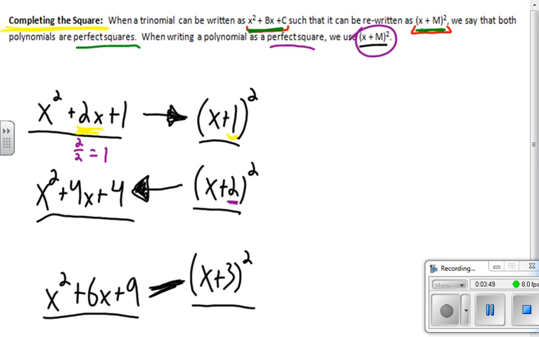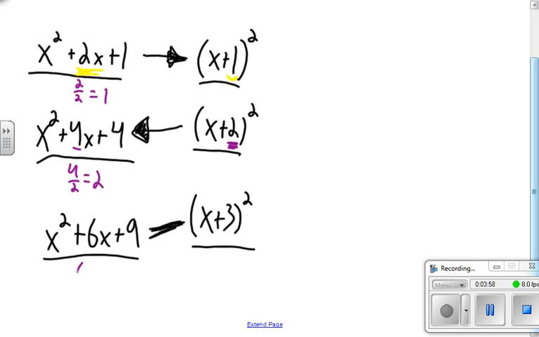Similarly over here, we have 2 and 4. 4 divided by 2 equals 2, which is what we found over here. Look at this last one here. 6 divided by 2 is 3, and that's this piece here. So our middle piece, that b value, is always going to be twice the amount of this value in our binomial.